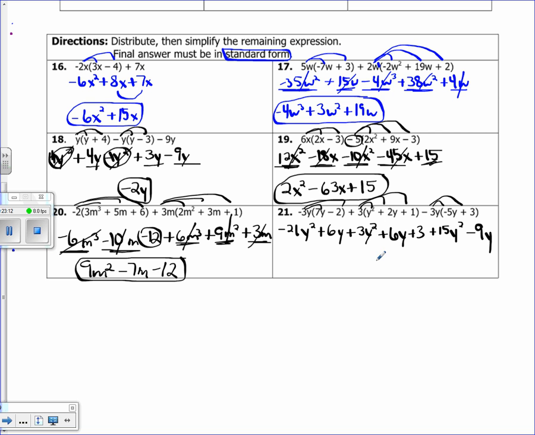All right, so now let's see what we can combine. I see 3 terms that have y squared, so negative 21, 3, and 15. Let's see, well 15 and 3 make 18. 18 and negative 21, add them together, you'll get negative 3y squared.